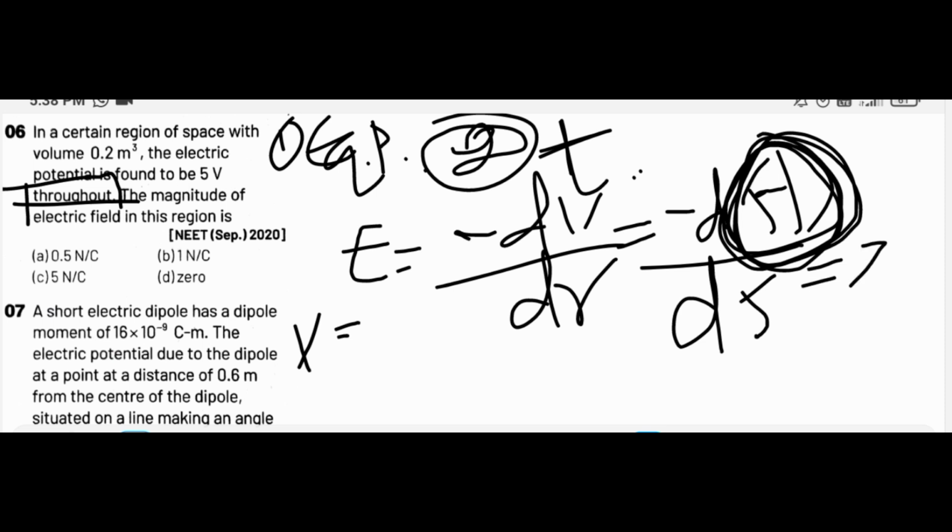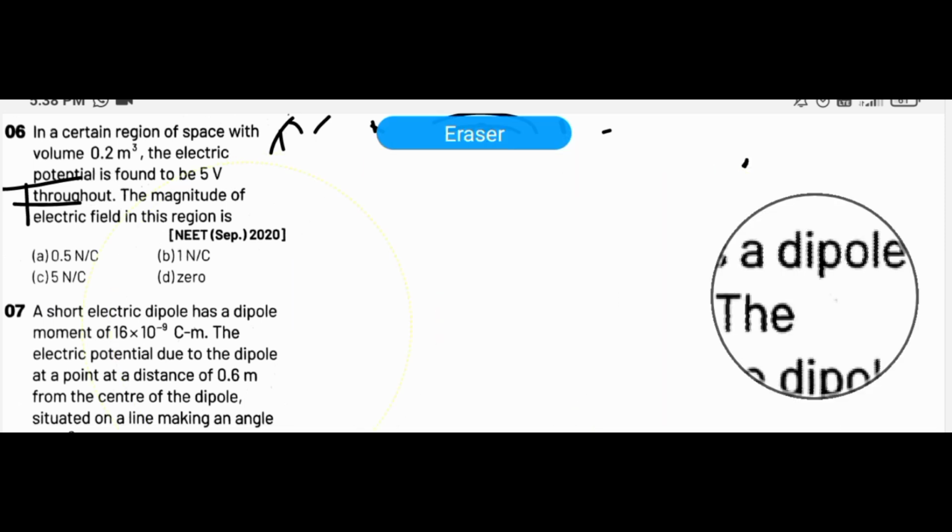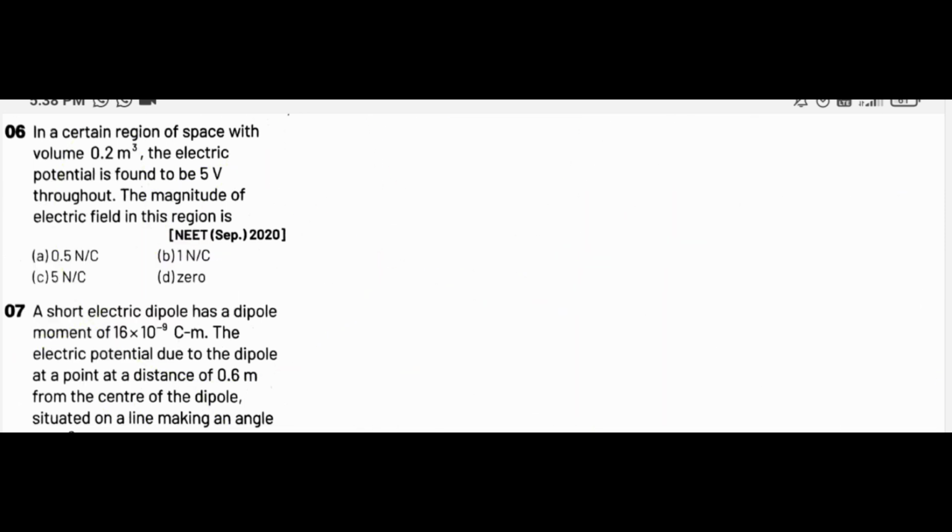Differentiation of any constant function will be 0. So the answer is 0. It is some logic question: if potential is a constant, then the electric field at that point will be 0. So the answer will be option D.